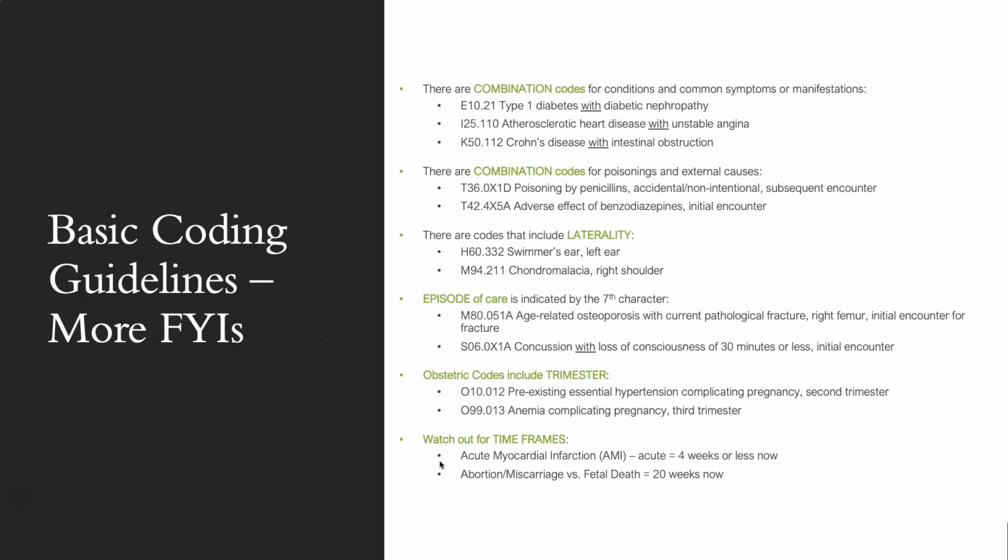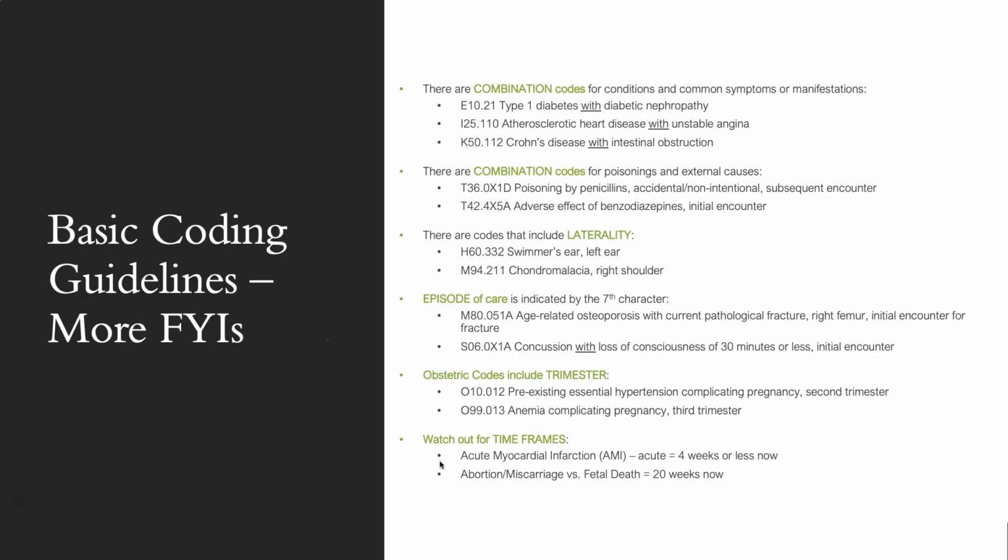You don't have to use unspecified if you've got the laterality in your documentation and a code for it. This is another really good reason why you don't code from the index, you go to the tabular, because sometimes in the tabular you find there are codes for laterality, and you can pick them up there.